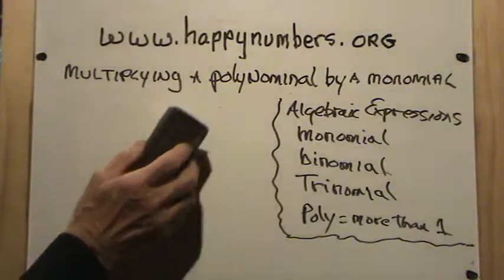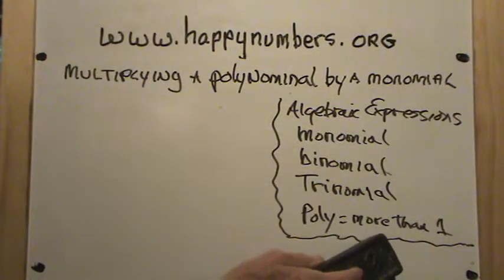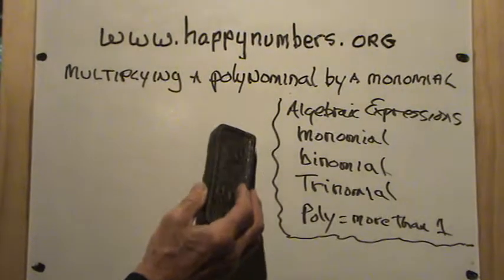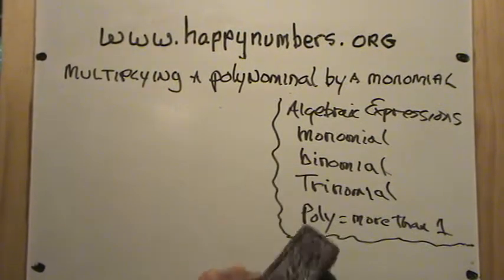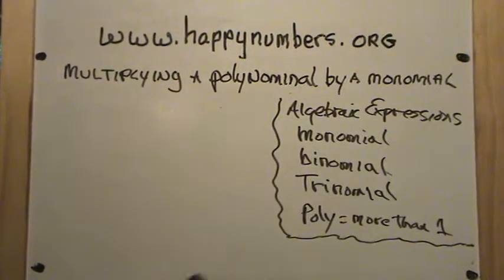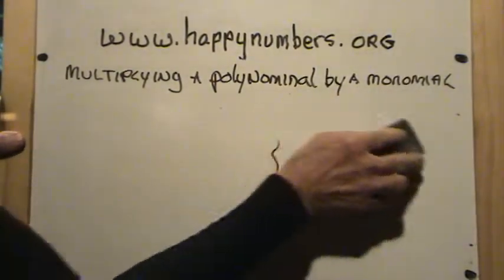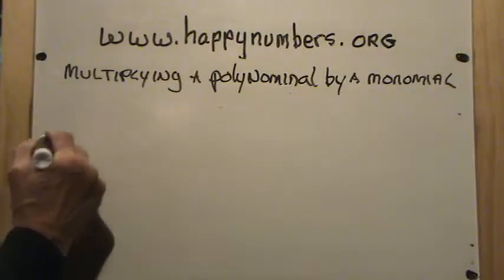Now I'm going to give you several problems and let you work them. Again, remember our algebraic expressions, polynomials are expressions that have more than one term in them. We have monomial, binomial, and trinomial. Binomial and trinomial are considered polynomials because they have more than one term. So I'm going to erase this so I can put some problems up for you. All right, let's try this.